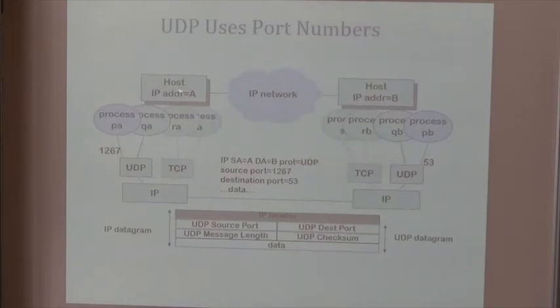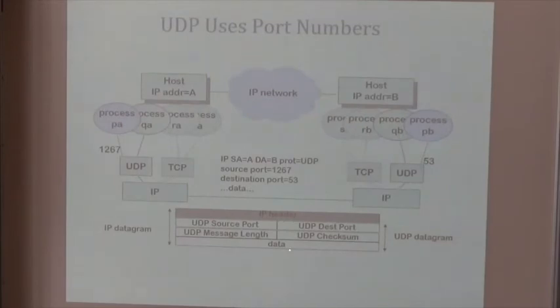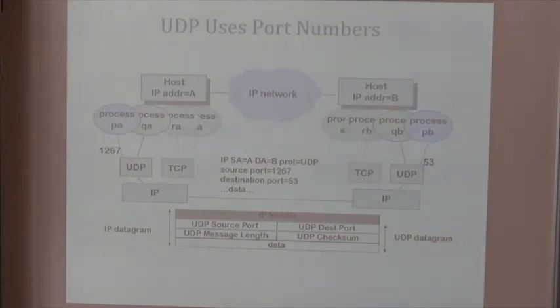For example, here, when I do a DNS resolution, my software will use a source port number, 1267, and a destination port number, 53, and UDP contains those port numbers. So inside the UDP header, there will be the source and the destination port, which is the essential information that's contained in a UDP header. The UDP header is part of the IP payload, so it is contained in the IP message.